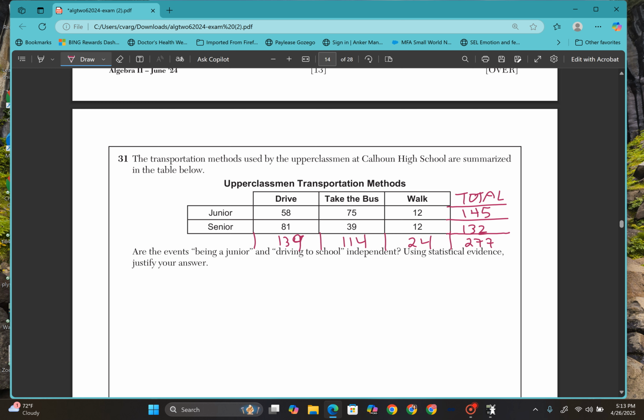All right. So now I can see if there's independence, right? Are the events being a junior and driving to school independent?